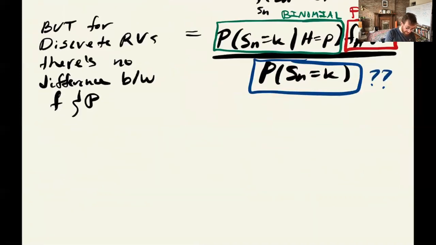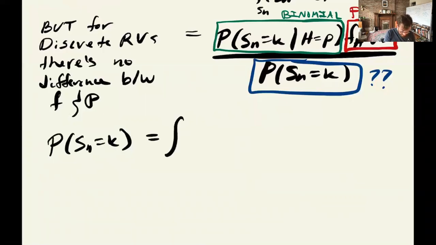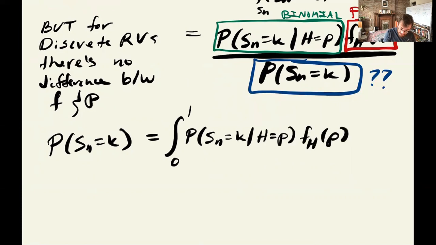So let's figure it out. So the probability that Sn equals k is going to be the integral from 0 to 1 of the probability that Sn equals k conditioned on h equals p, times the probability density for p, integrated out over all p.